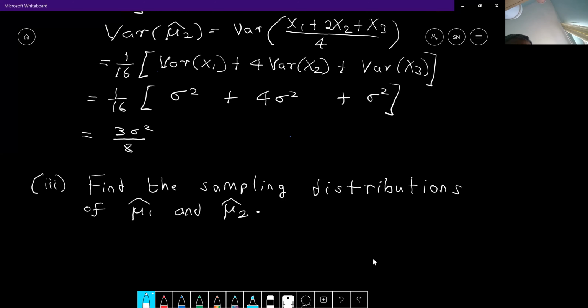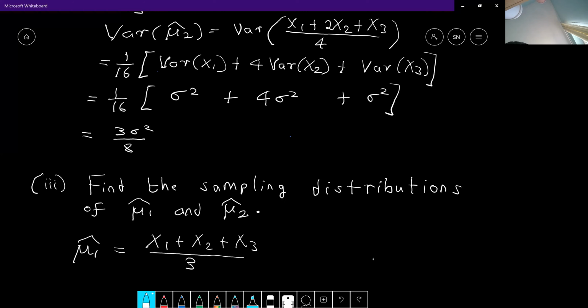So if you look at mu1 hat, which is this, it is clearly a linear combination of independent normal variables.